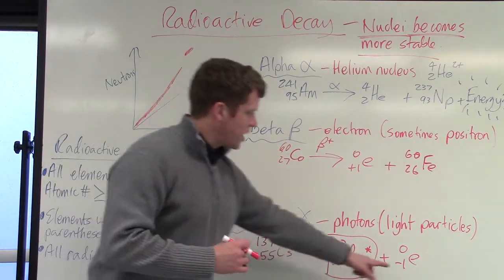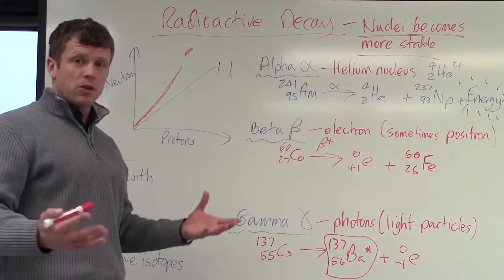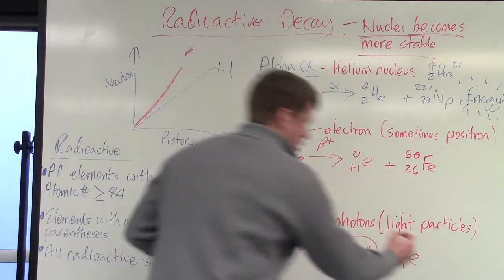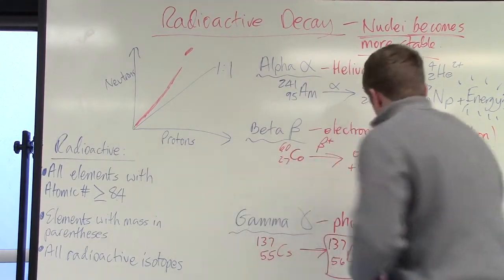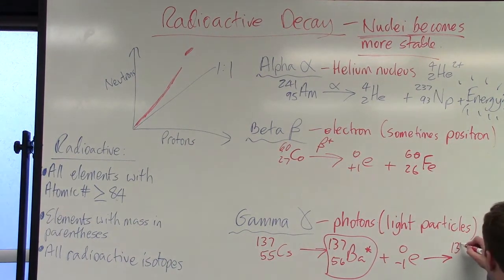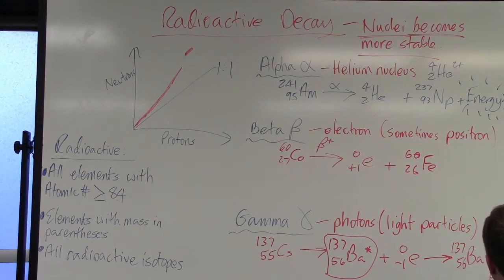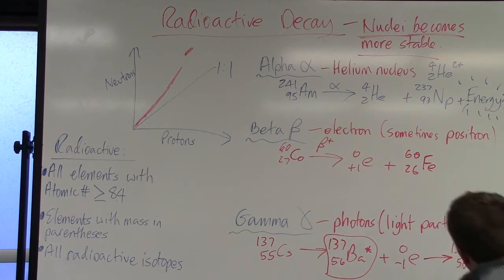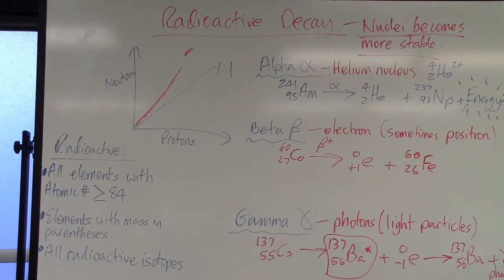We've already undergone one type of decay, but we need more decay to make the nuclei more stable. So what actually happens is that this version of barium goes to a less excited state, and photons are produced, or light particles are produced.